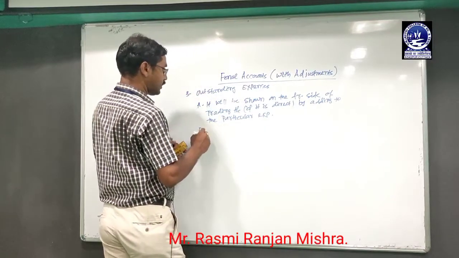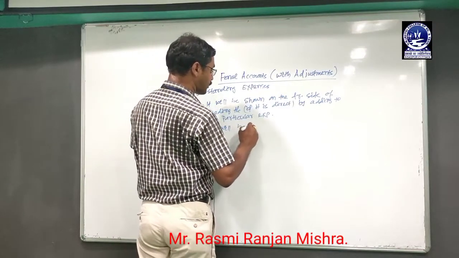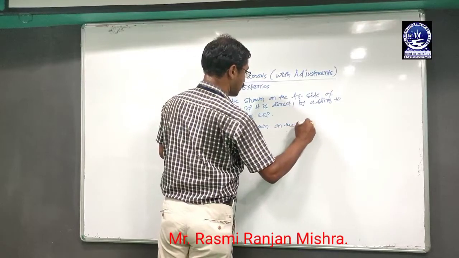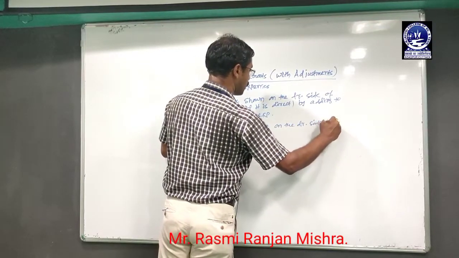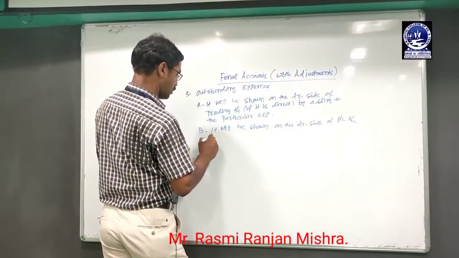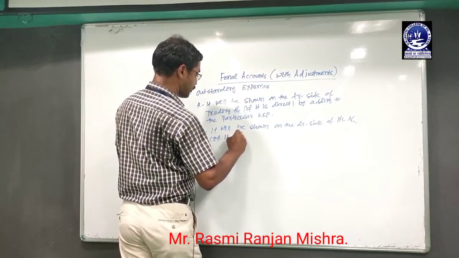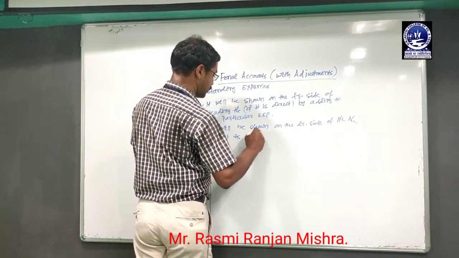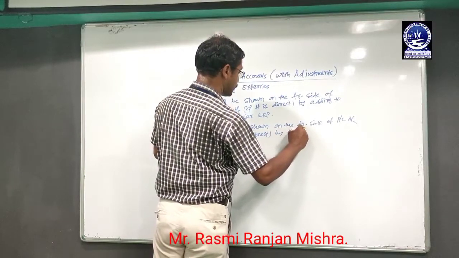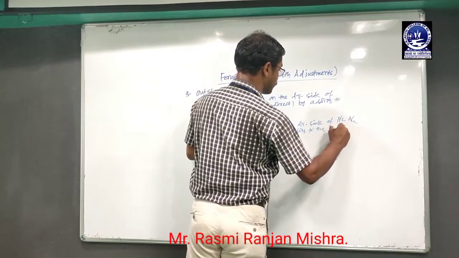Second treatment, it will also be shown on the debit side of the profit and loss account if it is indirect in nature, by adding to the particular expenses.